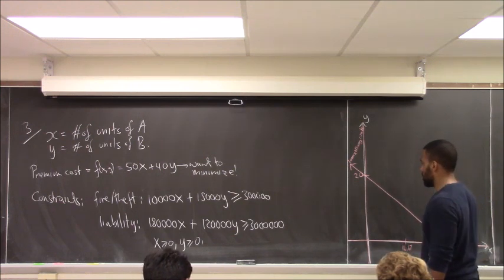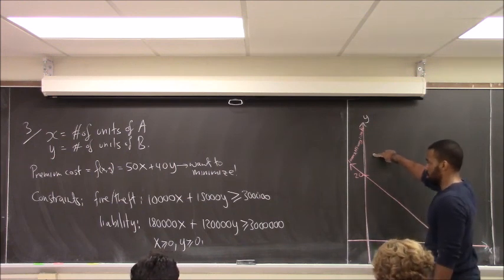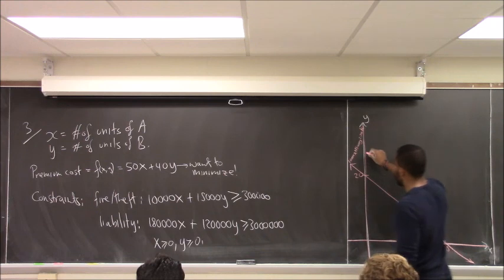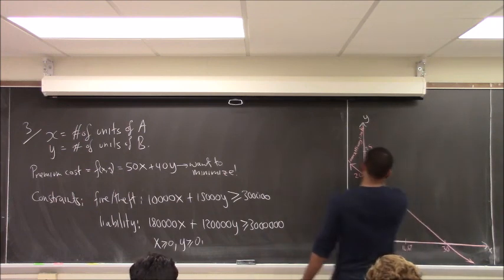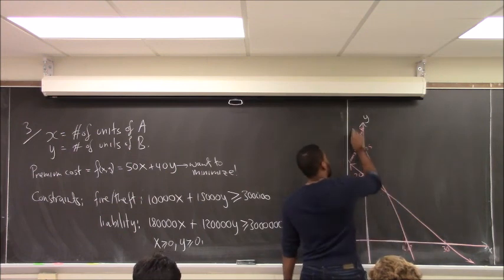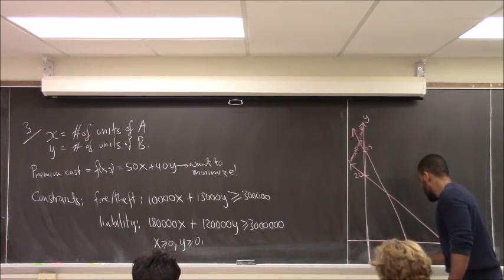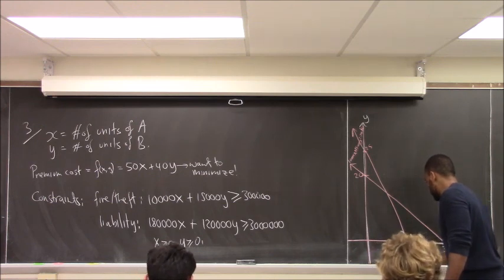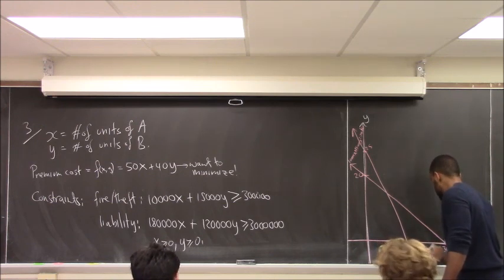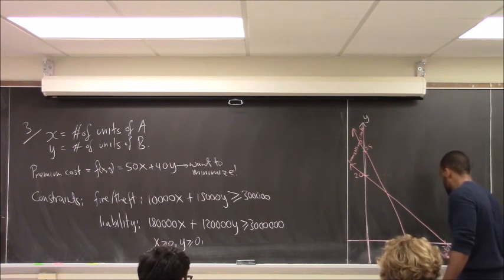And the other one, what was up here? 25. So that's this: 180,000x plus 120,000y equals 3 million.